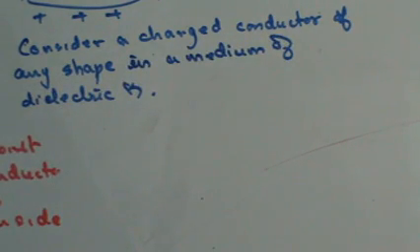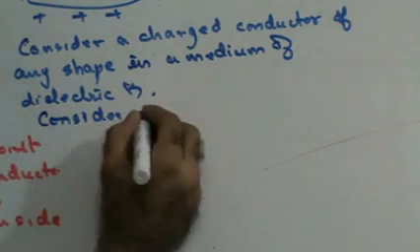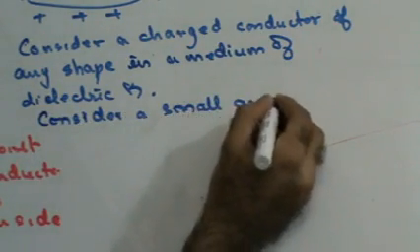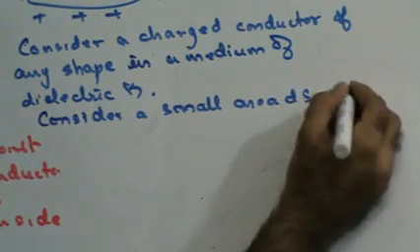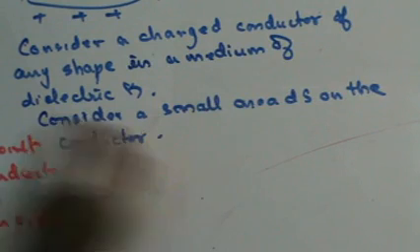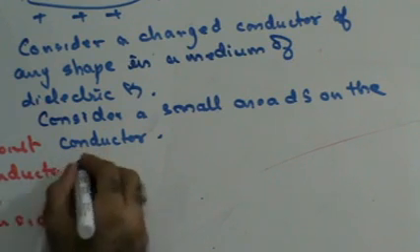Now consider a small surface area ds on the conductor. Right? Now, let's also assume that sigma is the surface density of the charge on area ds.